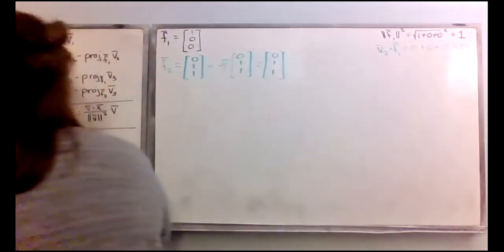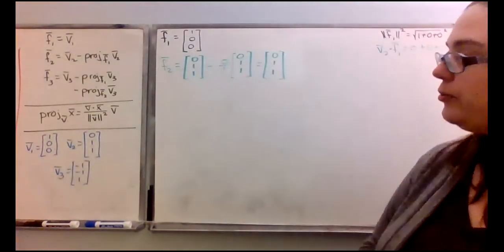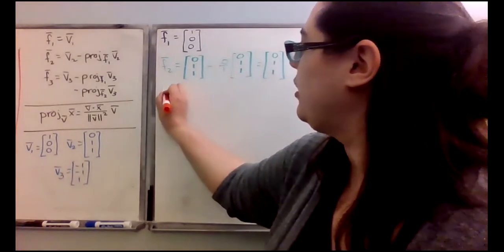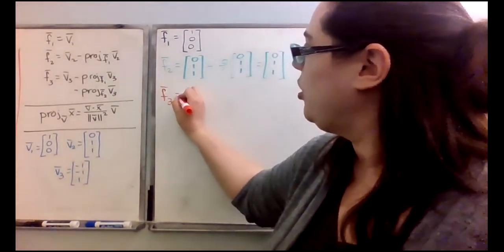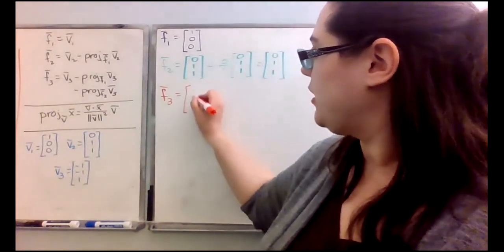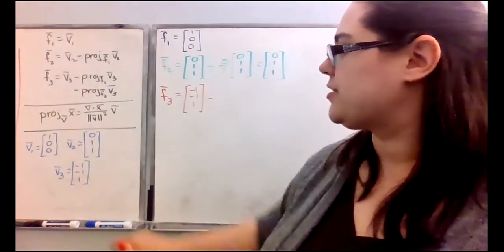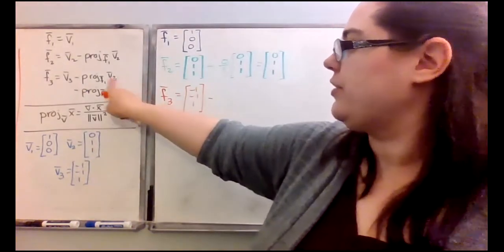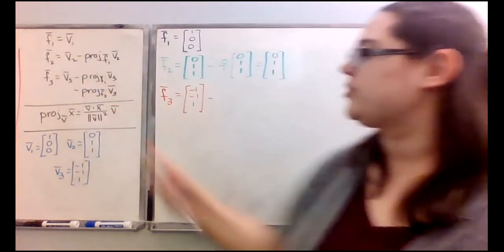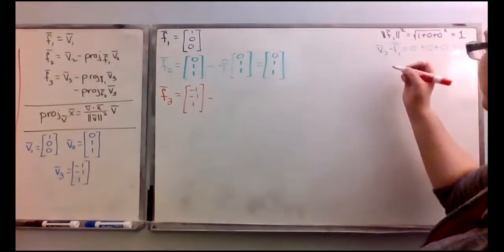All right, and then we'll do the third one. So for the third one, F3, we're going to take vector 3. So in this case, -1, -1, 1. And we're going to subtract off the projection of V3 onto F1. So to help me do that, I'm going to do V3 dot F1.